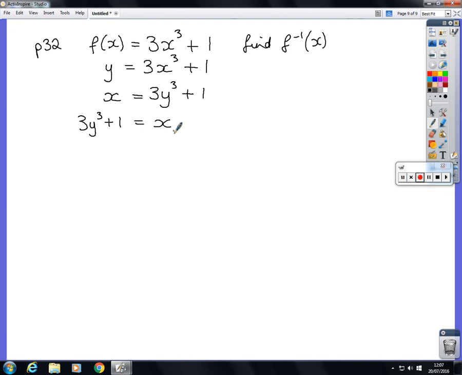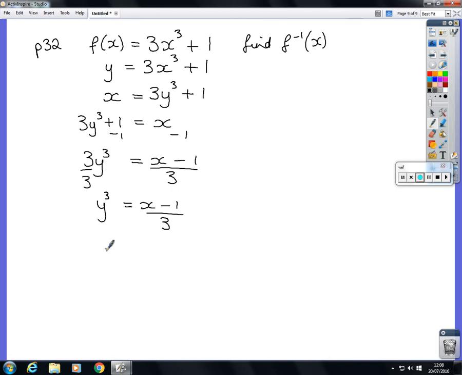To transpose for y, subtract 1 both sides. Remember to do the same operation to both sides of the equation. Divide by 3, divide by 3. On the left we have y cubed, x subtract 1 divided by 3.